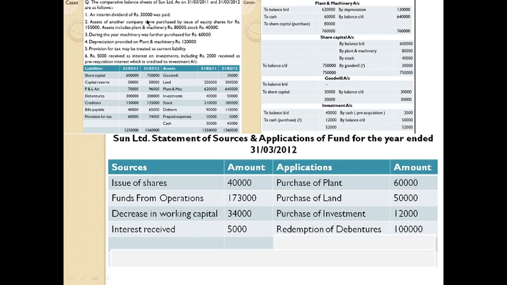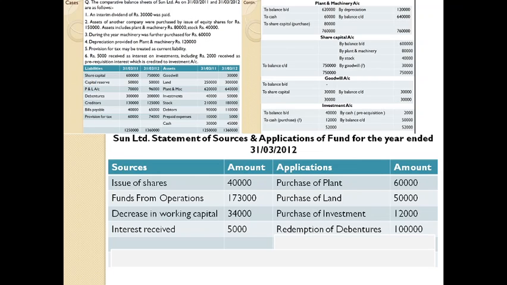First one, interim dividend 30,000 was paid. We haven't taken this item anywhere else. You might have taken this amount in the preparation of adjusted profit and loss account. And do we have to take it here? Yes, you have to take it here, because it is just like the preparation of final accounts.